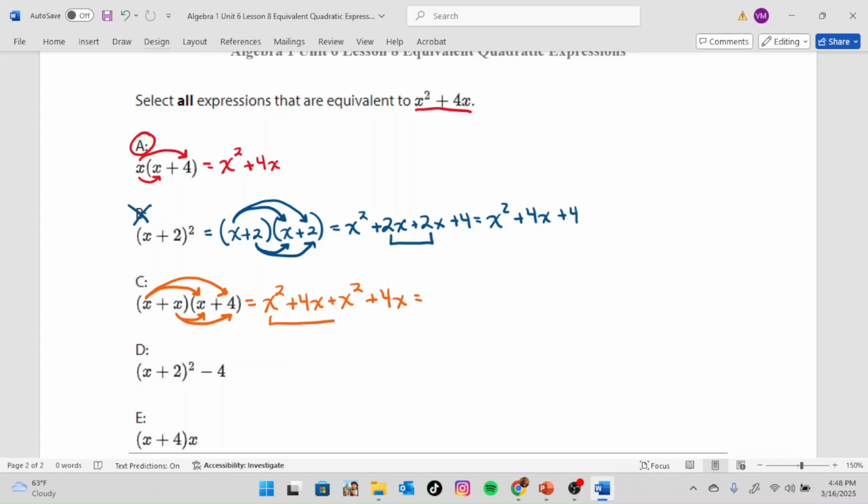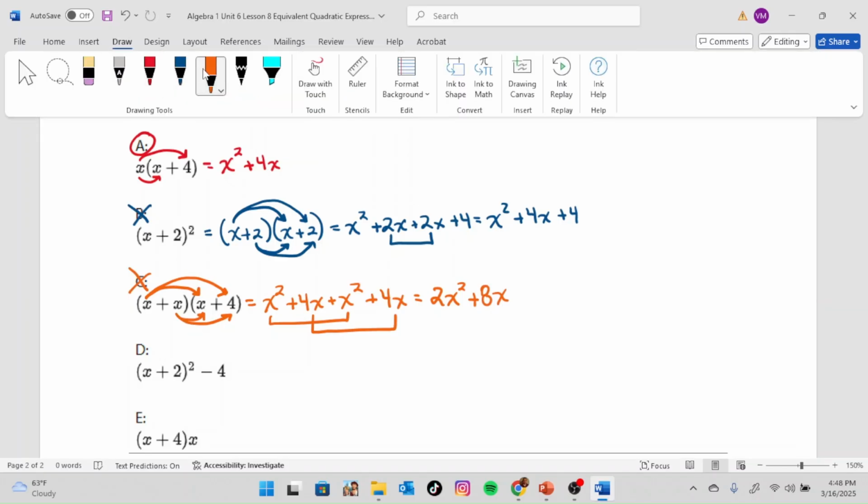We combine the like terms, and we end up with 2x squared plus 8x. That does not match what they gave us at the top, so C is not an equivalent expression.